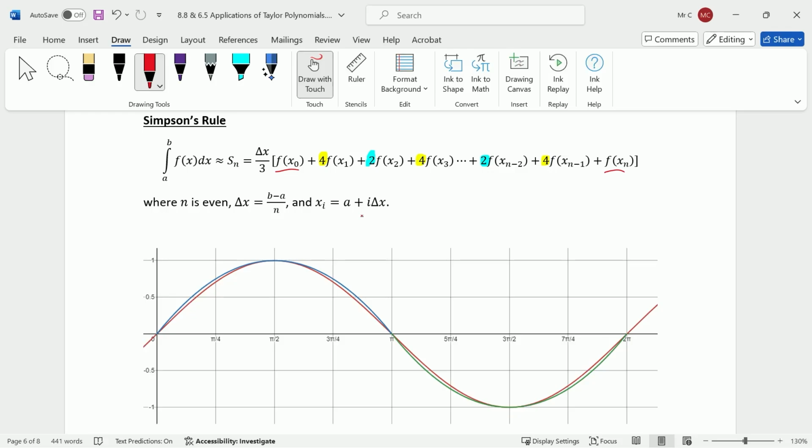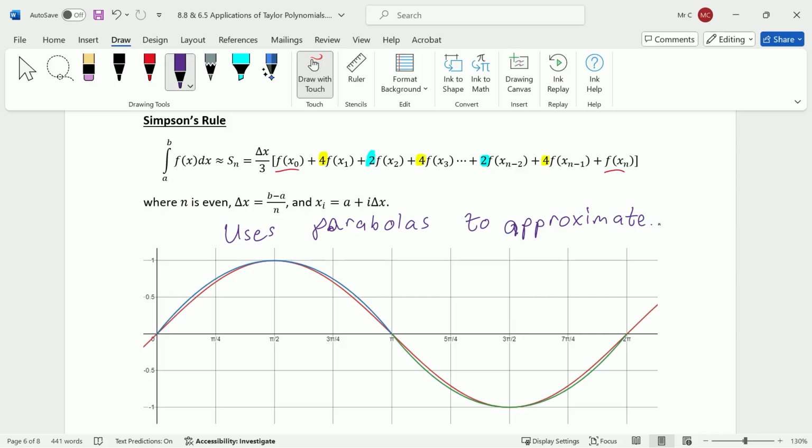Okay, so what does Simpson's rule do? Well, Simpson's rule uses parabolas to approximate. It turns out that when you approximate integrals with parabolas, you can come up with a nice formula for the values of the coefficients for these sums.